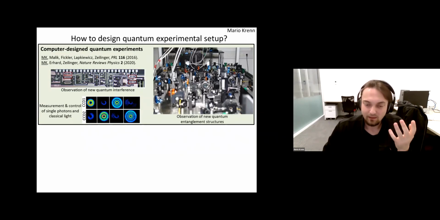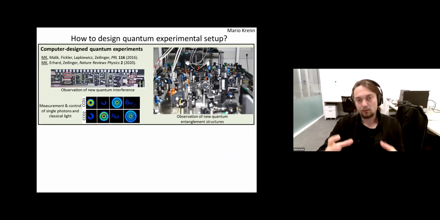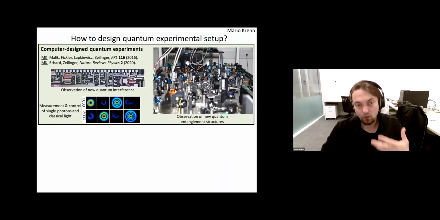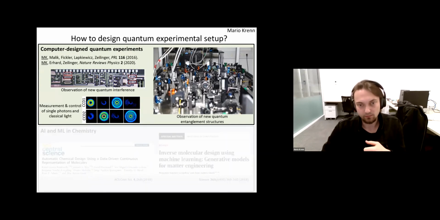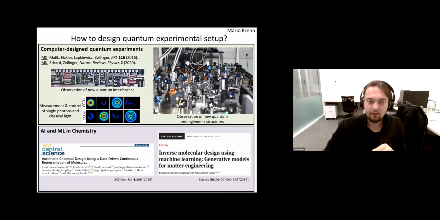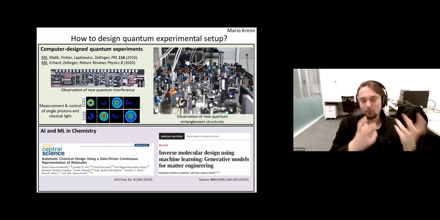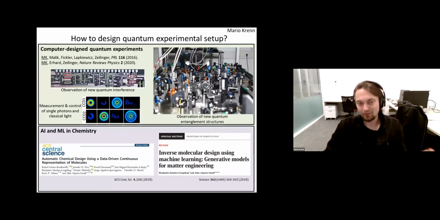But then I found that actually in the field of chemistry, the question of designing new structures emerged, and a lot of work has been done in that field. So in particular, at the time, I found this very beautiful paper where the authors have shown how to design new molecules using deep neural networks.